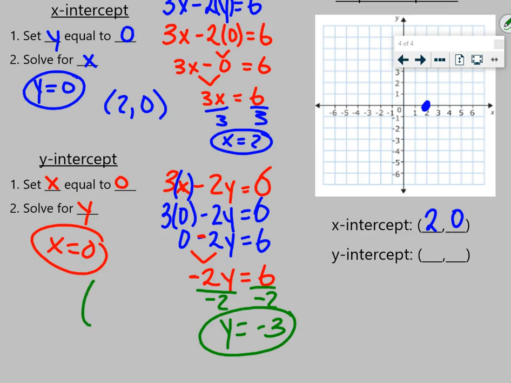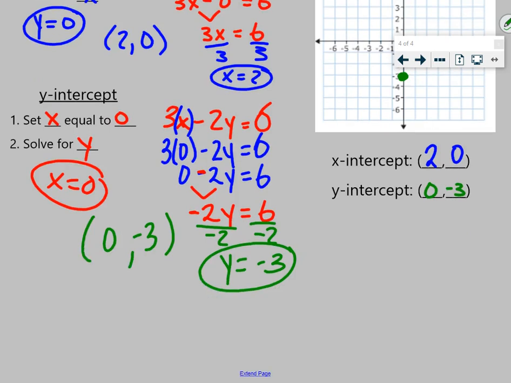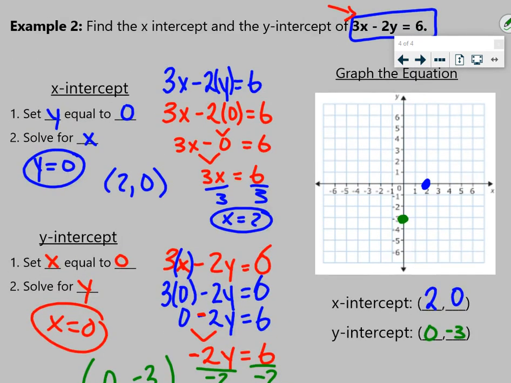So if x equals 0 and y equals negative 3, that's the coordinate point 0, negative 3, which would go right there for our y-intercept, which when we graph it would be right there, 0, negative 3 on our y-axis. And then we just connect our points with a line, and we have graphed the equation using our x and y intercepts.